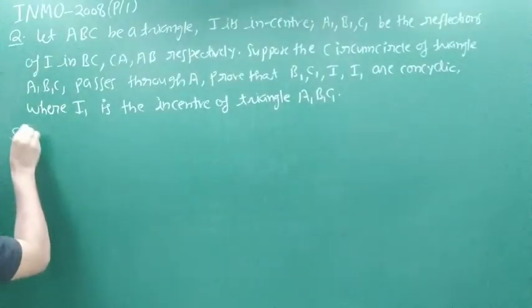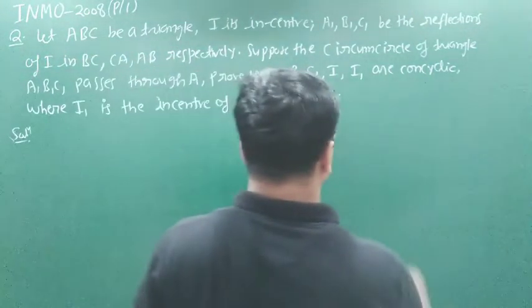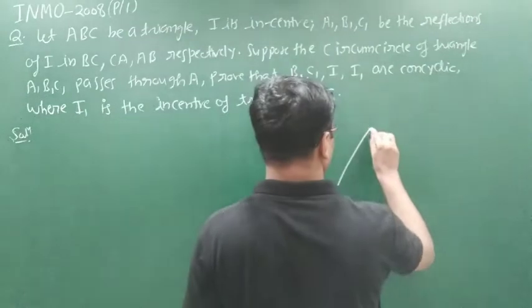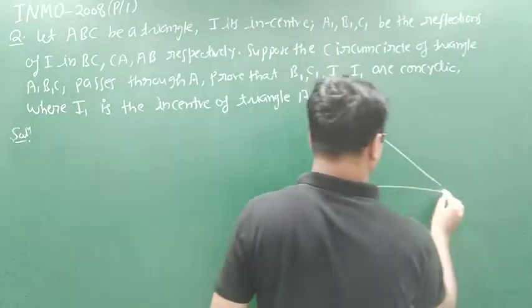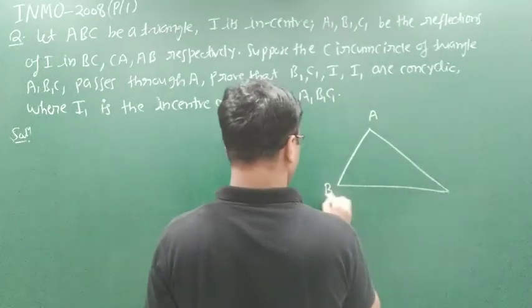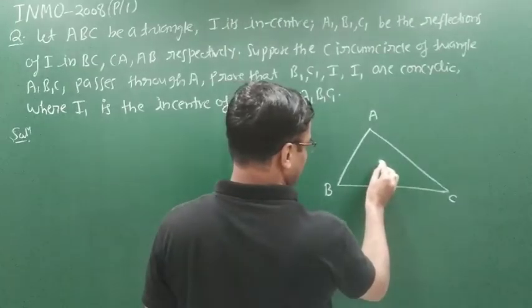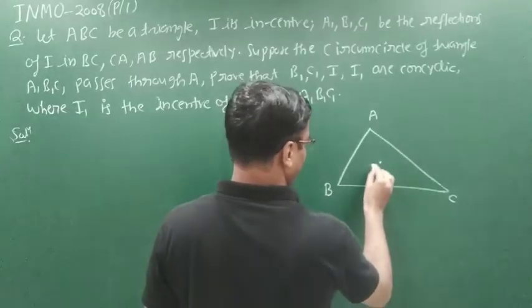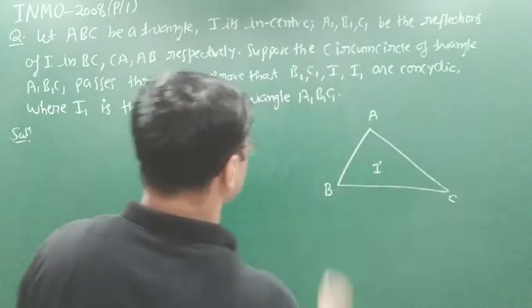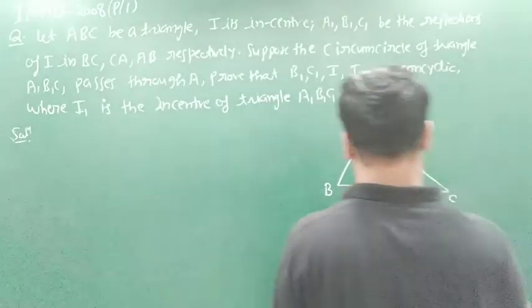First I am going to plot the diagram. Triangle ABC with I as incenter. Something like that. This point is A, this is B, and this is C. The incenter is somewhere here, and we are given the image of the incenter with respect to side BC, which is A1. The image of the incenter I with respect to side CA is B1.